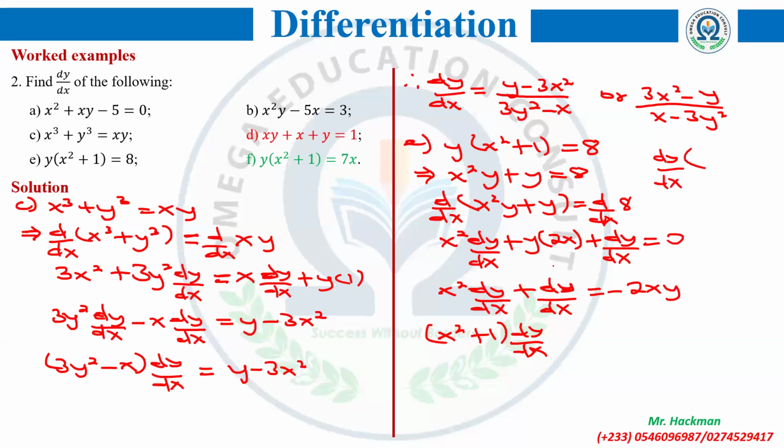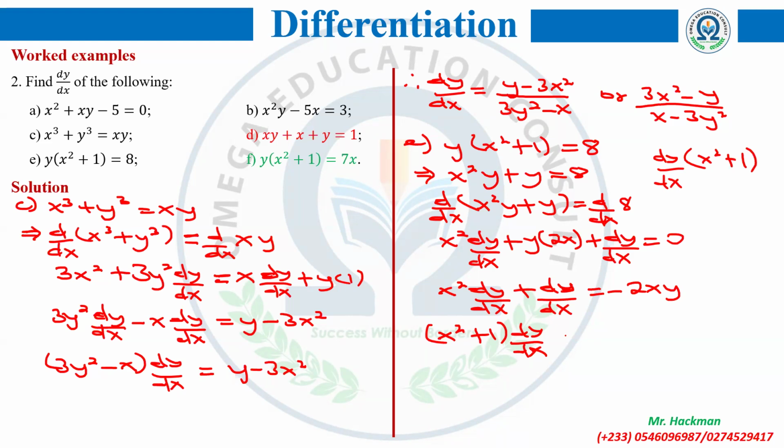Once you bring dy/dx out, in the second factor x squared will come, then plus, here the coefficient is 1, so plus 1. So the two are the same, either you write this or you write that. I usually want to write the coefficient first before the dy/dx.